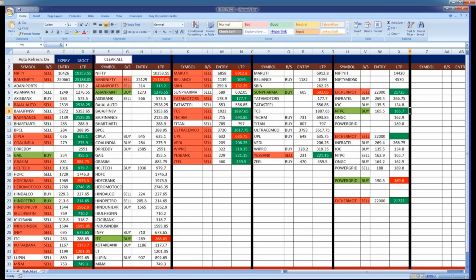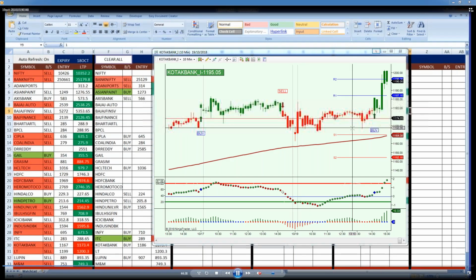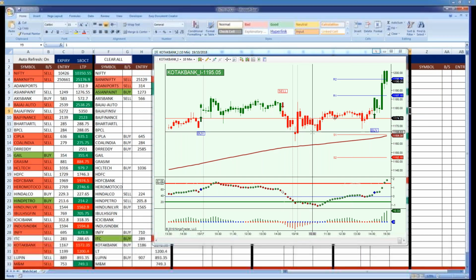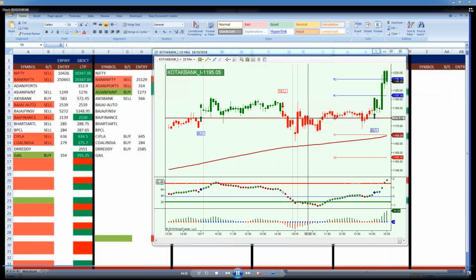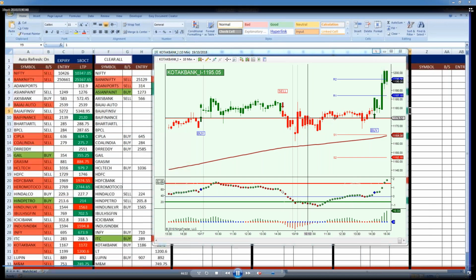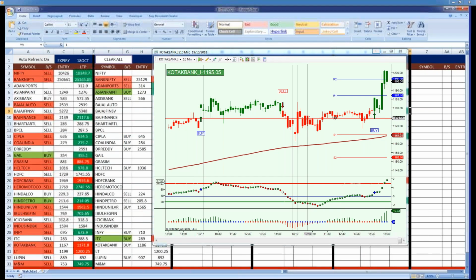And at this point, a client had actually entered into this particular trade. I think he entered at 1167, and he made a loss. It actually went up. Then he asked me what to do now.